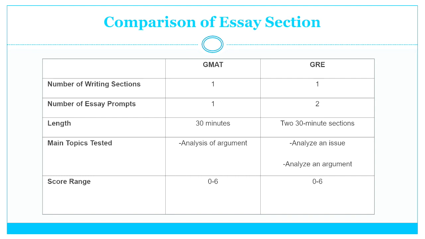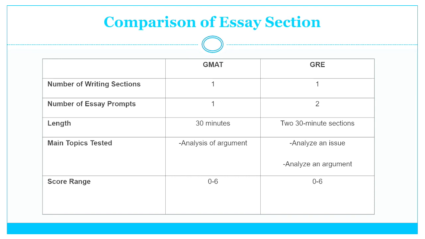And for GRE, you have two essay prompts. One of them is an issue-based prompt, and one of them is an argument-based prompt. As for the length of time, for GMAT, you have 30 minutes to write an essay. And for GRE, you have two 30-minute sections, because obviously two prompts, so 30 minutes for each of the prompts.